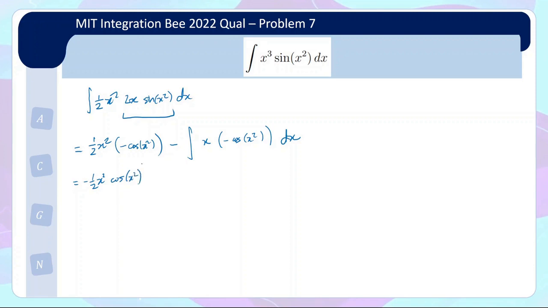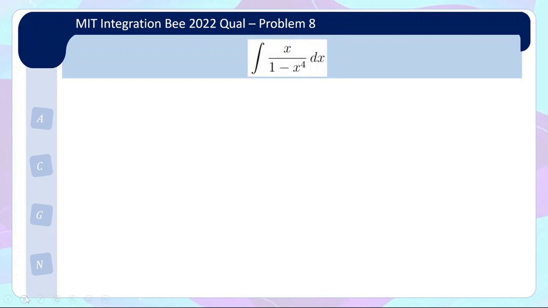Then the minus signs cancel, I have plus a half, and then I put the 2x, so I put a half and a 2 here. So again, that makes it very easily directly integrable. This is sine x squared plus c. So this is the final answer. Yeah, so a standard integration by parts trick. Hope you enjoy this problem.